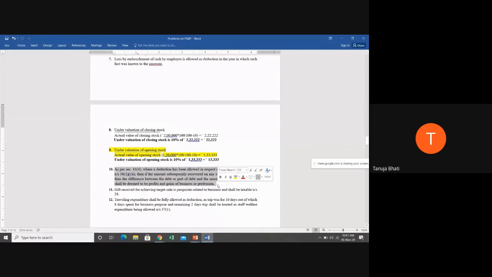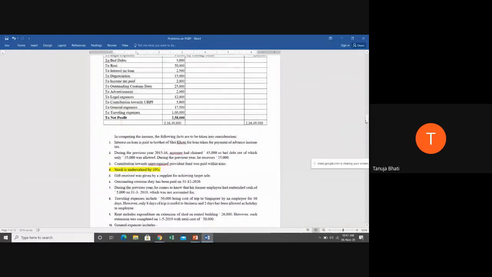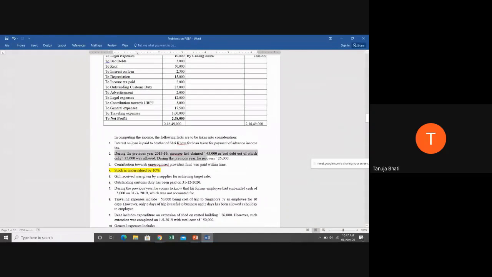So this in short means that in any year, if you have taken the benefit of bad debts as an expenditure and later you're recovering back that amount, that becomes your deemed profit. So we have completed this portion as well.